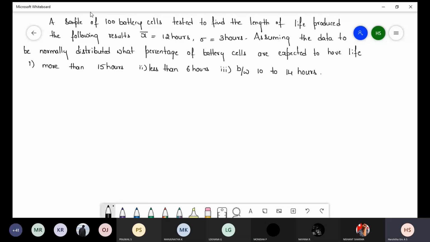Sometimes, as I told, when they won't provide the normal distribution table sheets, they give the values on the question paper only. So here they have mentioned A of 1 is equal to 0.3413.